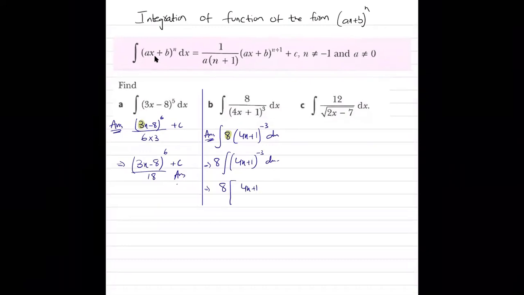So (4x plus 1) to the power of minus 3 plus 1 is minus 2, divided by the new power times the differentiation of the bracket, that is 4, plus c. So you are going to get minus 1 over (4x plus 1) to the power of 2 plus c. Okay. Is this correct? Yes, sir.